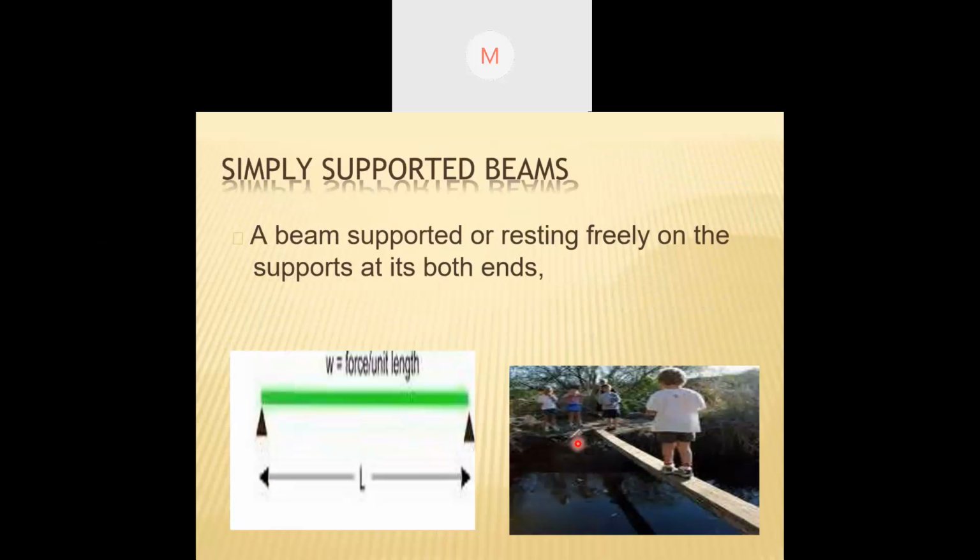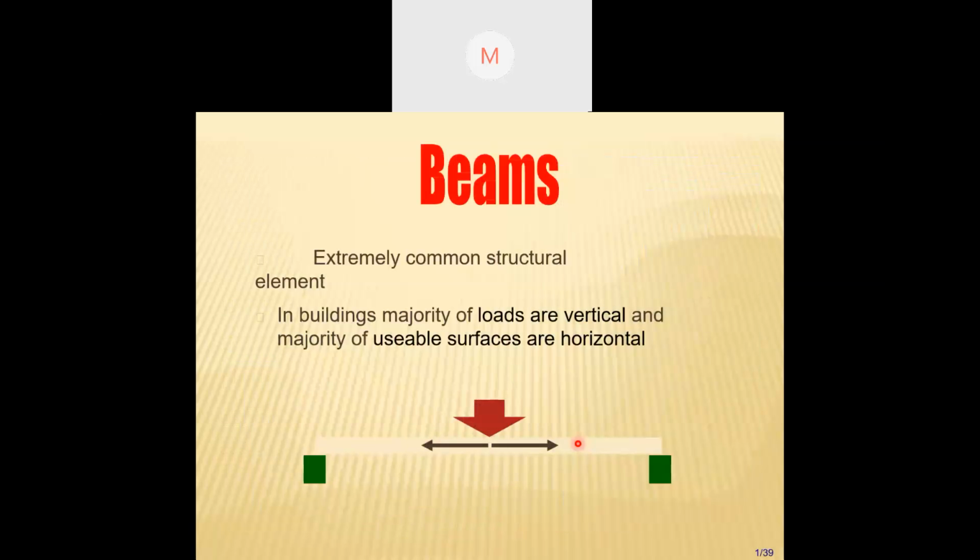In the last class I showed you, no? Can you recall which are the beams of your house? Hello? Yes, sir. So in those beams, as the definition says, the beams are always horizontal, but the supports are what? Vertical, right? So this is the difference.